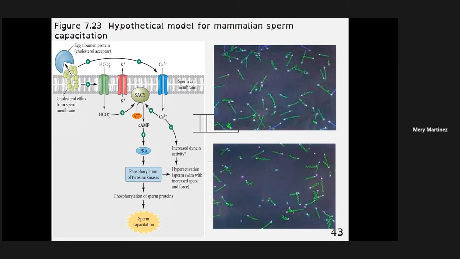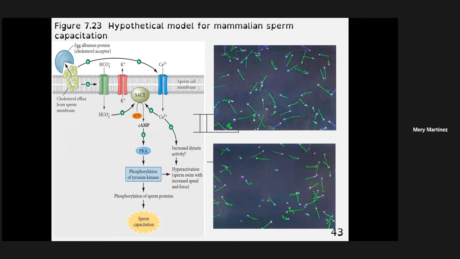The first step is changes that take place in the sperm cell membrane, in which it may be that receptors are made available through the removal of cholesterol. So here we have the cholesterol in green attached, and here we have the egg albumin protein. So we're going to have receptors that are stripped of cholesterol from the sperm cell membrane.